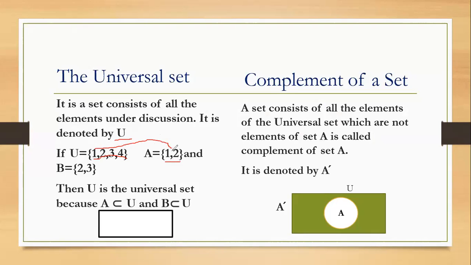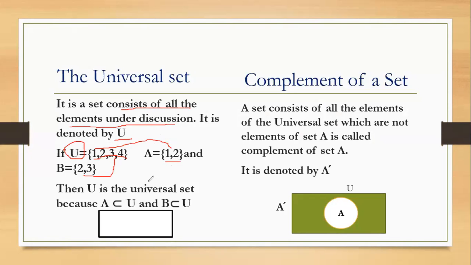Here you can see that A is a part of universal set and B is also a part of the universal set. In this condition, this set is called the universal set because it consists of all the elements under discussion. Clear?